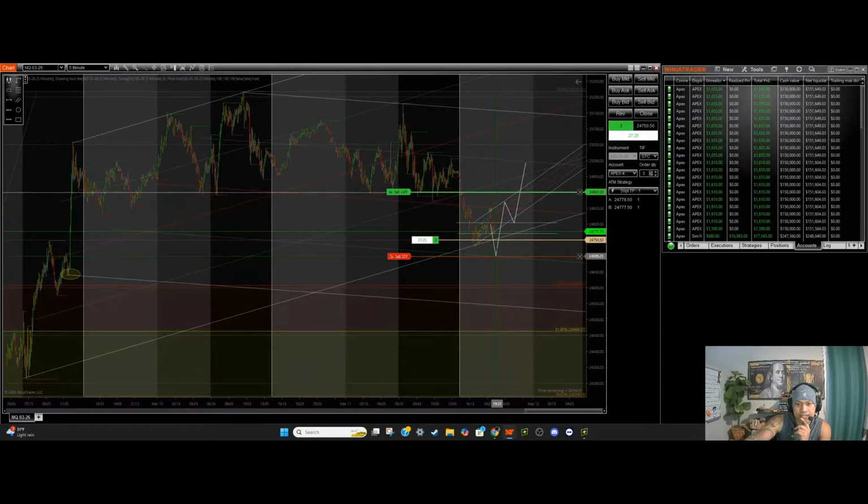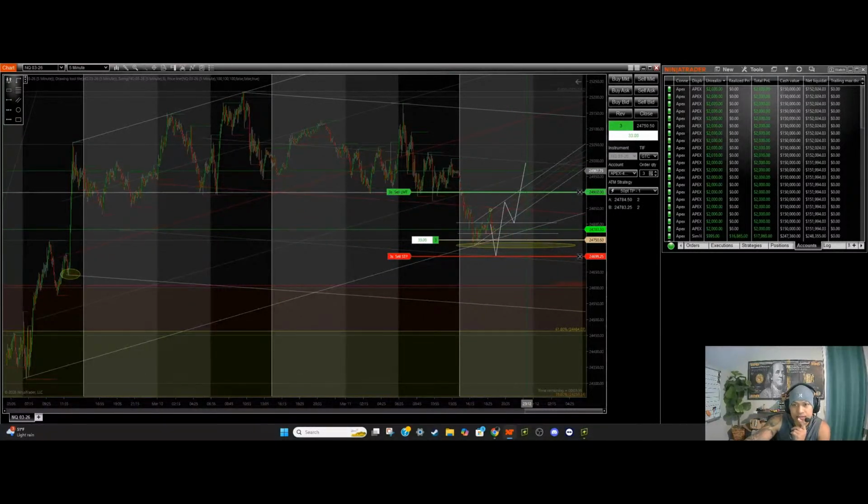That would be an ugly, ugly scenario because then they really trap all the longs. You got longs above this line, and then all their stops are down here, and then they take it out at 24,700 and rip it right back up to our target, which is 24,900.